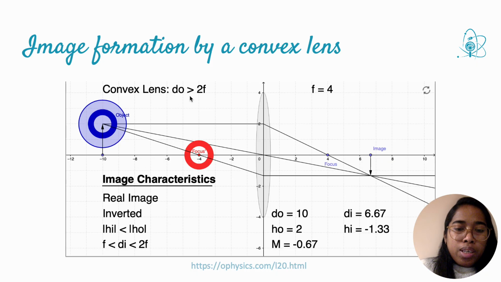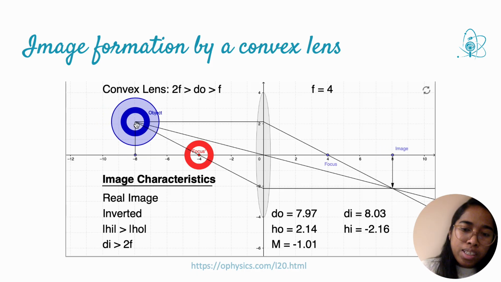And now the distance of the object is higher than twice the focal length, and we get the image at a distance of 6.67 and the height is minus 1.33. That gives a magnification of negative 0.67 and a real and inverted image.